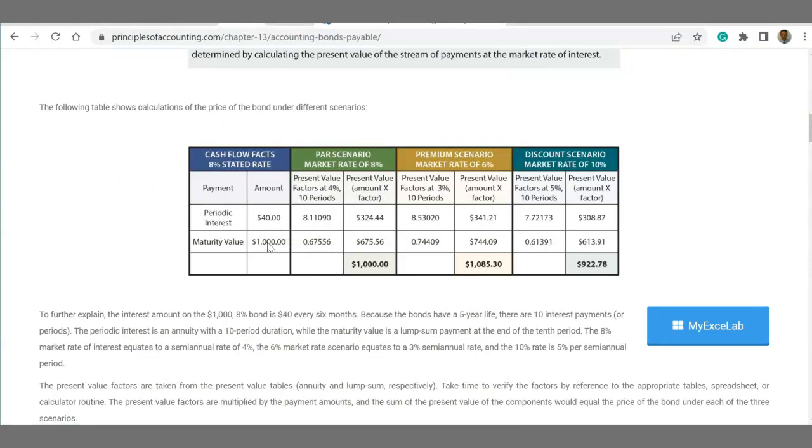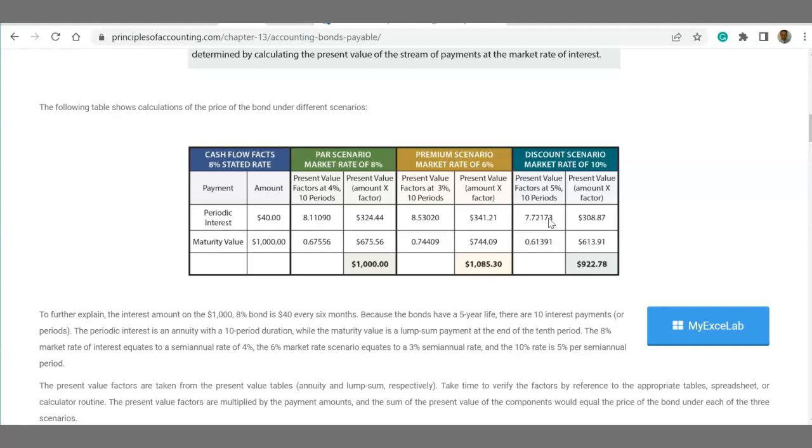And multiply that with the lump sum maturity payment of $1,000, and you get present value of $613 plus the present value of the payments gives you $922.78.